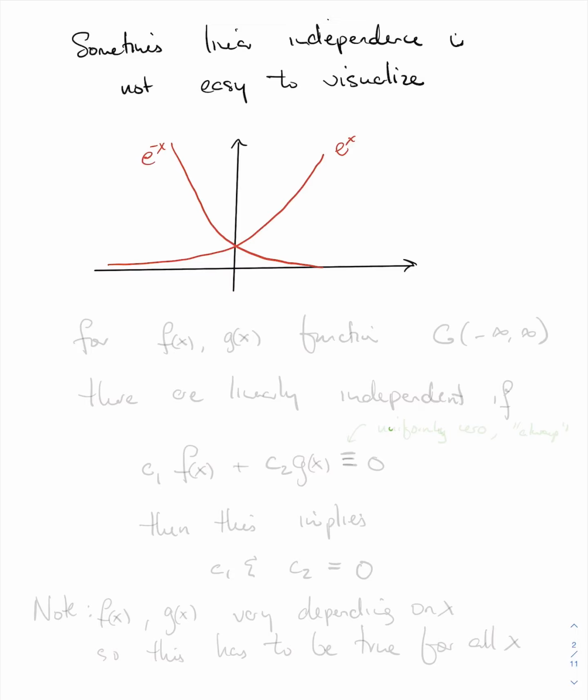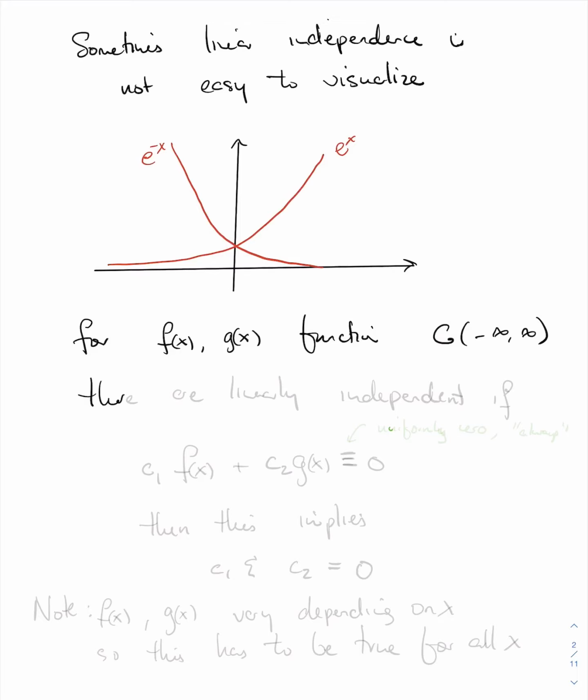What does it mean to say whether these two are linearly independent? They definitely seem related to each other, but does this correspond to linear independence or linear dependence based on the definition that we had before? So let's say we've got an f of x, which is a function instead of just a vector in Euclidean space, and say they're functions in the vector space of continuous functions from -∞ to infinity.